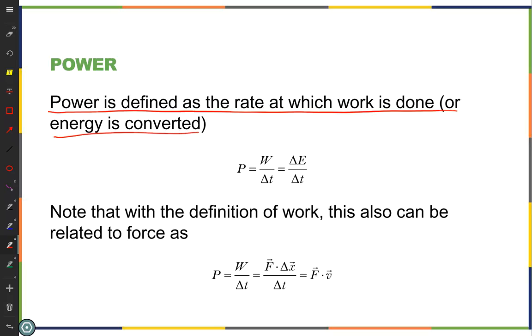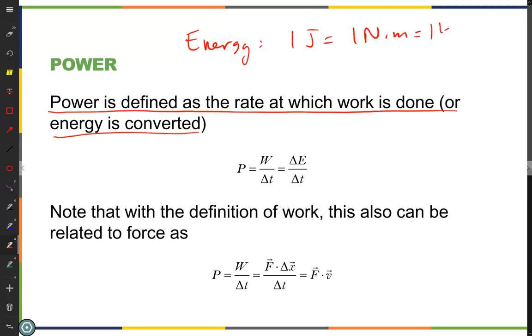It's a transfer of energy. It's a conversion of energy. So if we look at units, what were the standard units we used for energy? Joules. So for energy, we had 1 joule equals 1 Newton meter equals 1 kilogram meter squared per second squared.